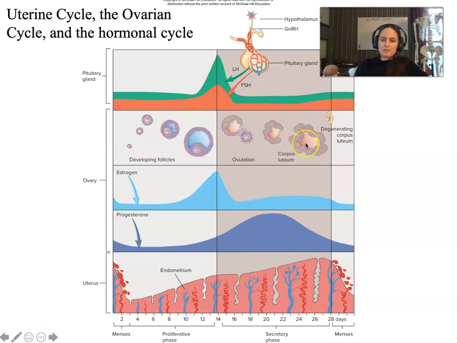After a while, if there's no pregnancy, that corpus luteum degrades into something called a corpus albicans, which is not labeled on here, and that's okay. It becomes a little patch of scar tissue, and once it's scar tissue, it can no longer produce progesterone. So of course, that's going to be part of our trigger for menstruation.